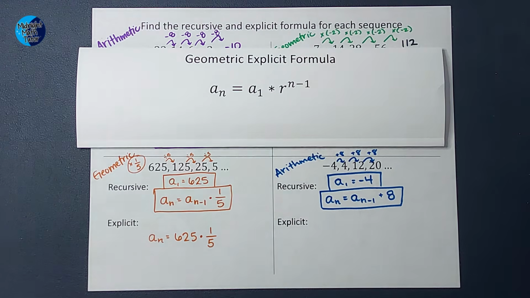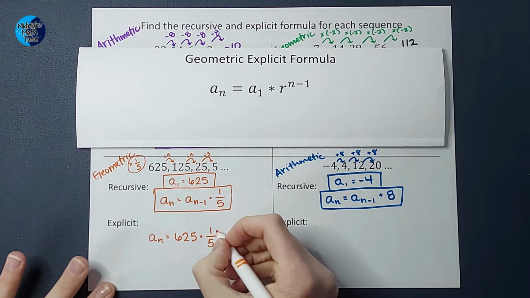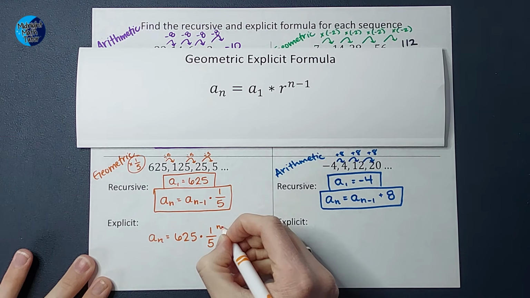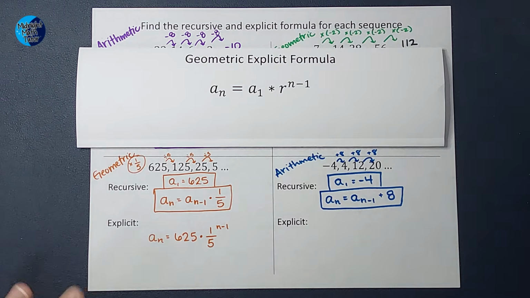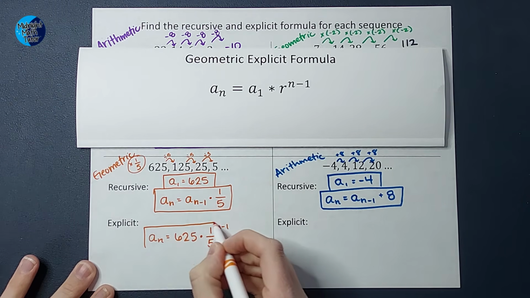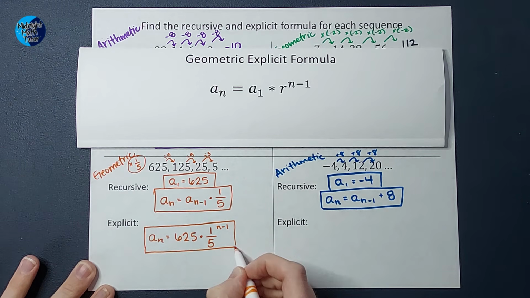Which is the same as dividing by 5. But how many times am I doing that? Whatever number you want to find, you do it 1 less than that. There is that formula.